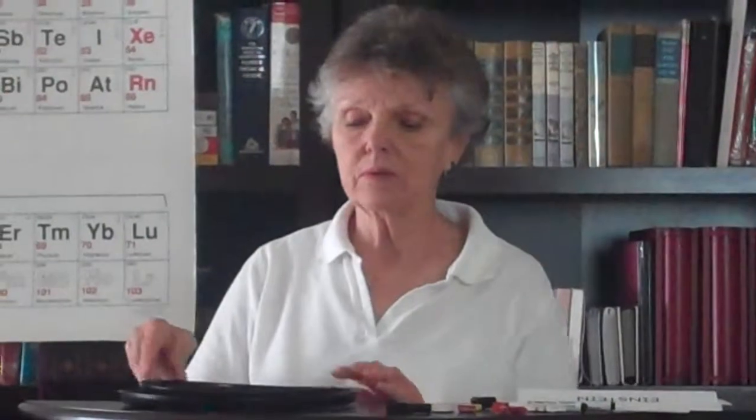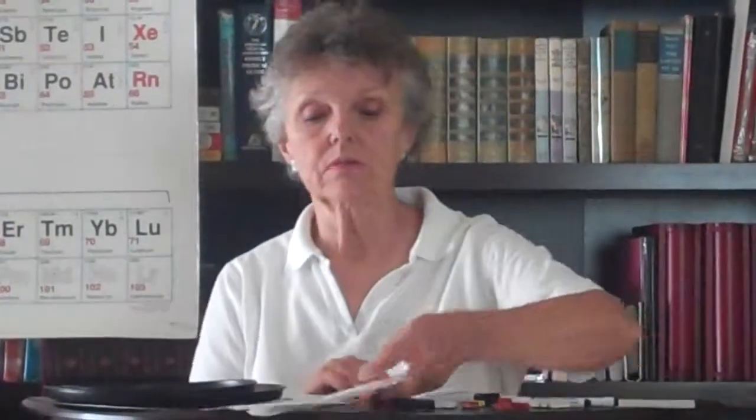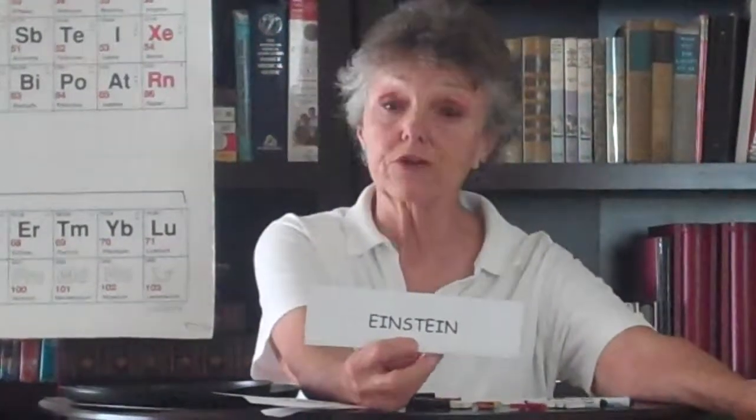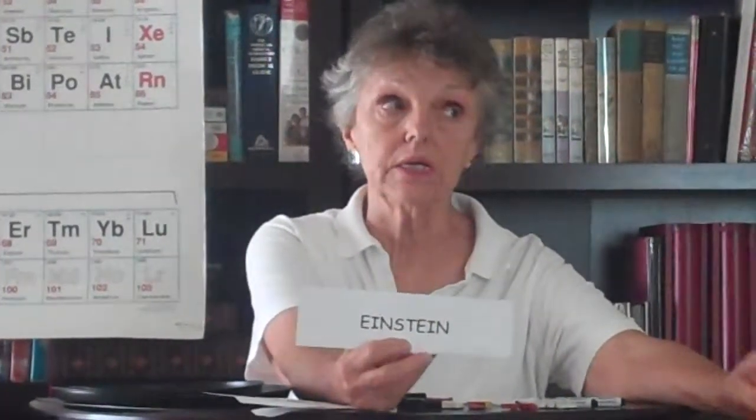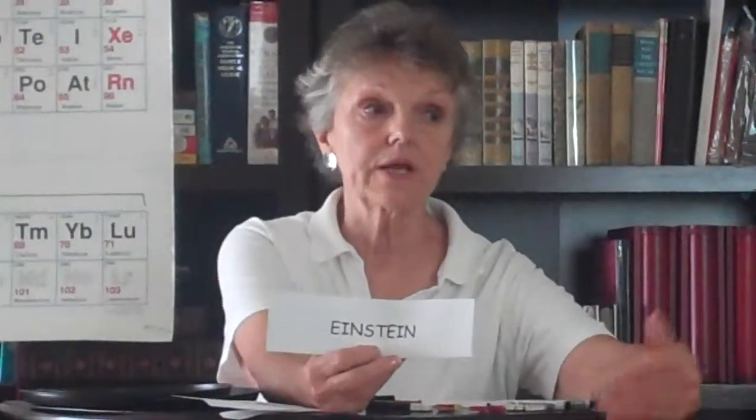I am extremely impressed with organizations that point out what's wrong with evolution. And I'm going to just quickly mention this. Back in 1927, following Einstein's announcement of the theory of relativity, which happens to be E equals mc squared, or energy equals mass times the speed of light squared.